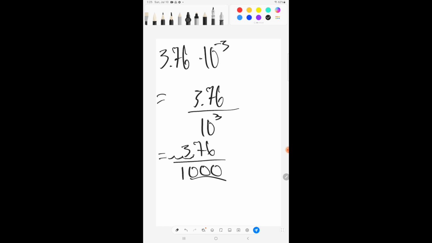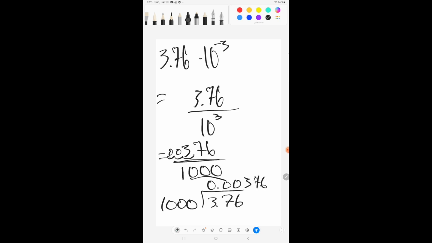And it makes intuitive sense that we would move it to the left because we're reducing this number even more. We're dividing it by 1,000, right? So it's going to be a small number.